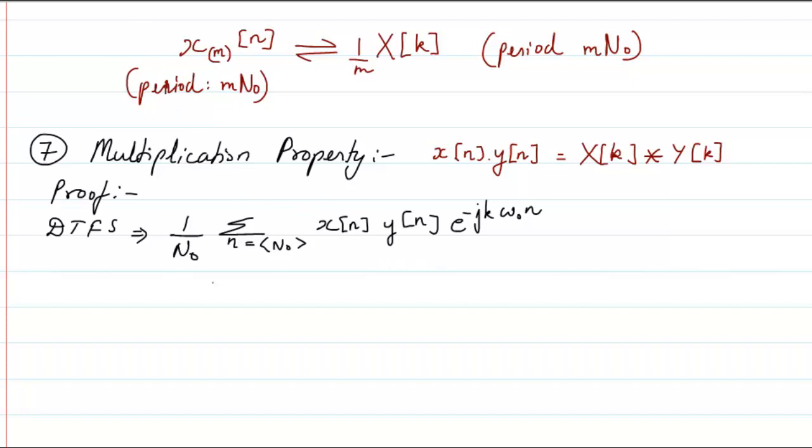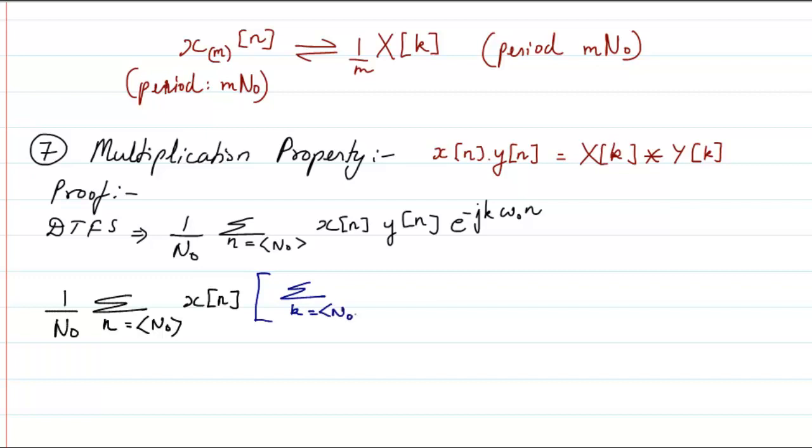I can write this as 1 by N naught summation n within the limit N naught x of n. Let me use blue. Instead of y of n, I am going to write the Fourier expansion, which is summation k within the period N naught y of k e raised to power j k omega naught n.